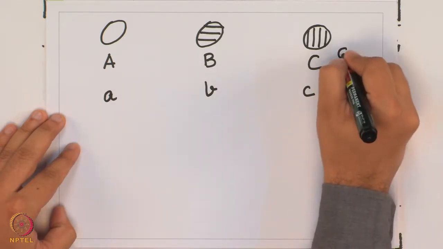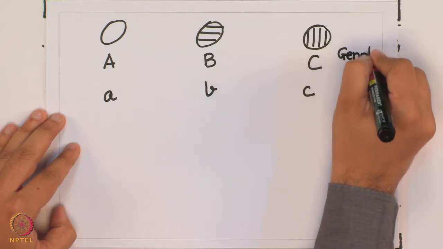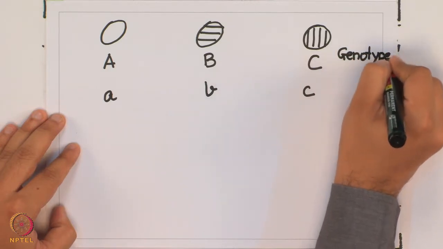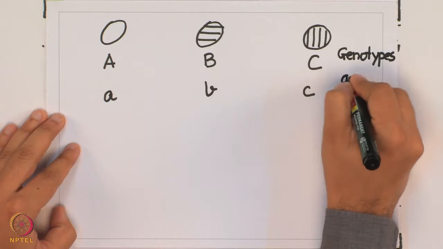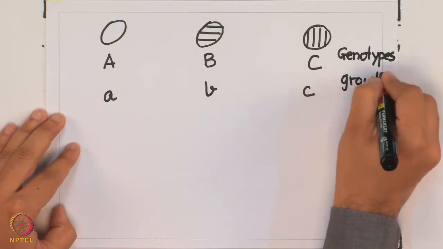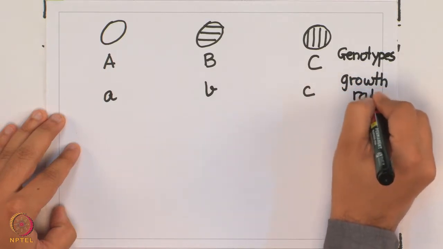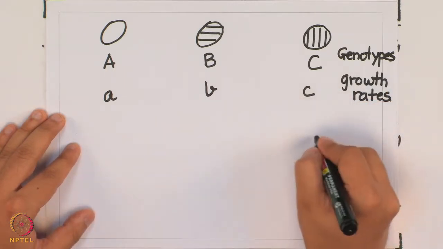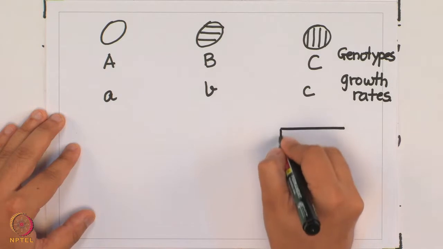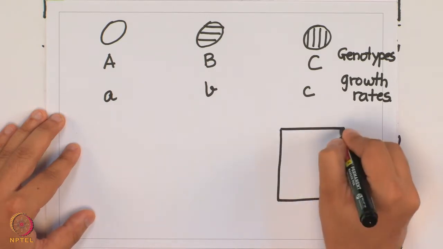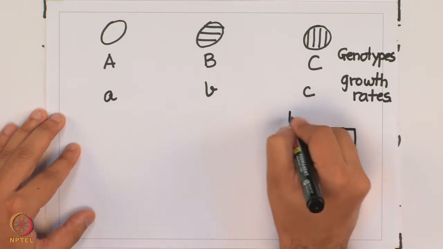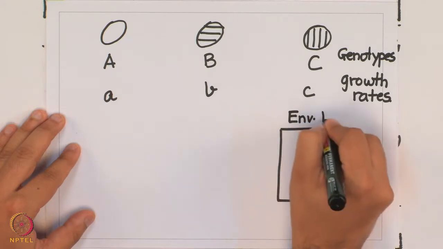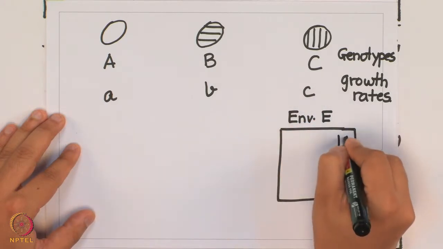So these are genotypes, these are growth rates, and we have the same constraint that this growth is taking place in an environment E with a carrying capacity equal to K.